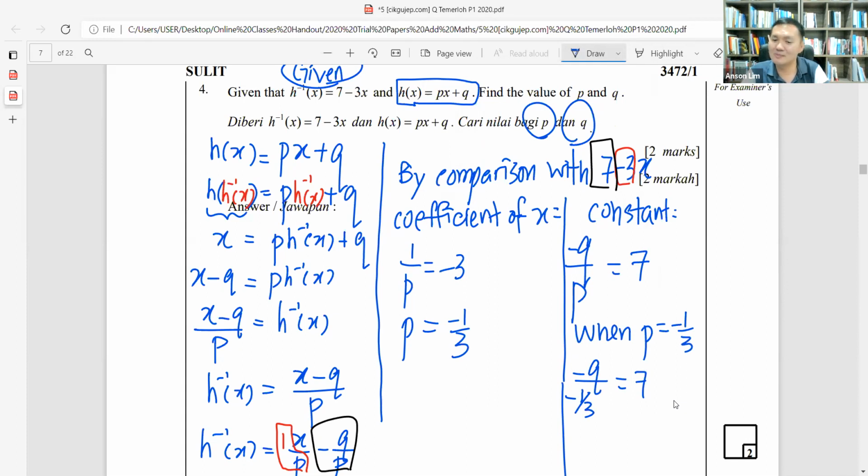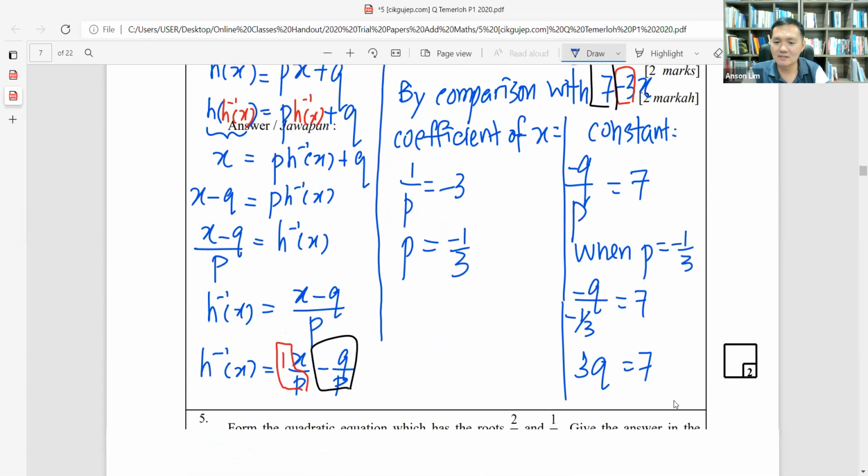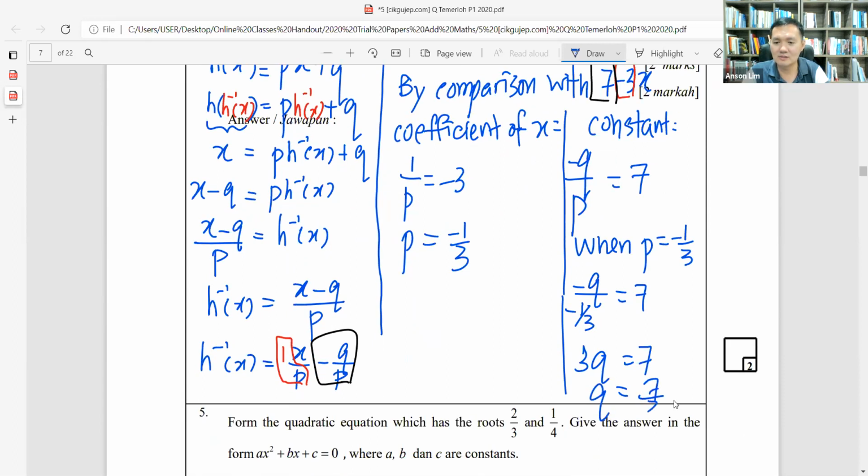Then upside down, then it's 3q lor. Q over 1 over 3 is 3q lor. Okay, is it? Yeah. Then after that, q equals to 7 over 3 lor, right? We can bring the 1 over 3 there, it's the same. Okay, that's your answer. Happy? Go lucky. Yeah.